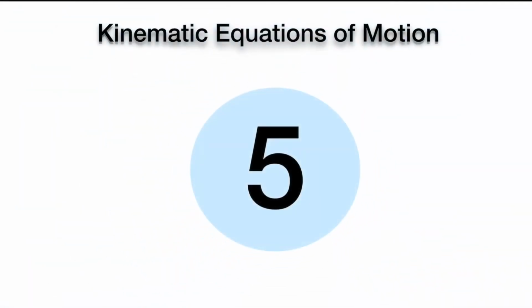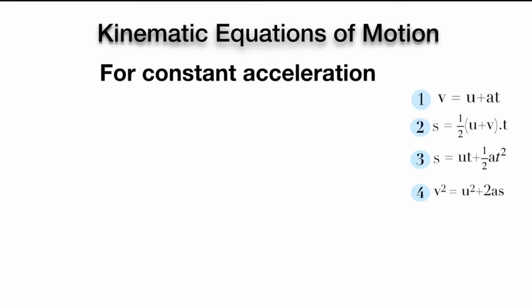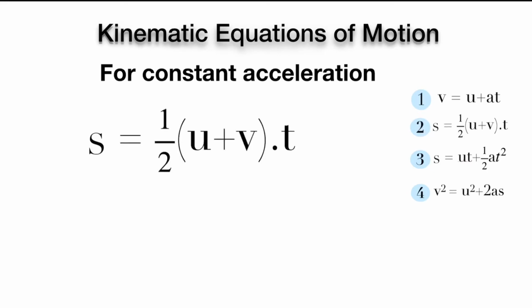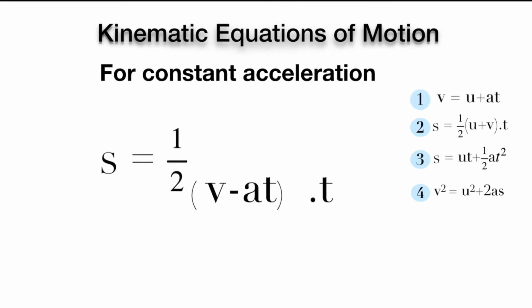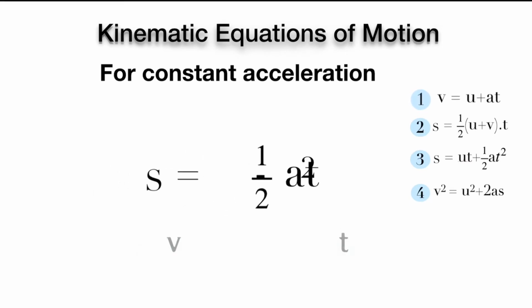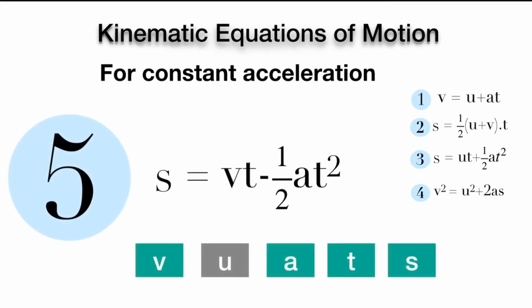Now let's move to the fifth and final equation. Here, as I told, again we will use the first two equations to get this fifth equation as well. In this case also we use the second equation and put the value of u using equation number 1. Now by simplifying this equation, we'll get s equal to vt minus half at square.